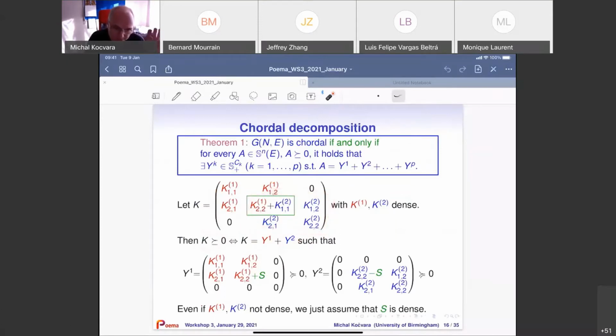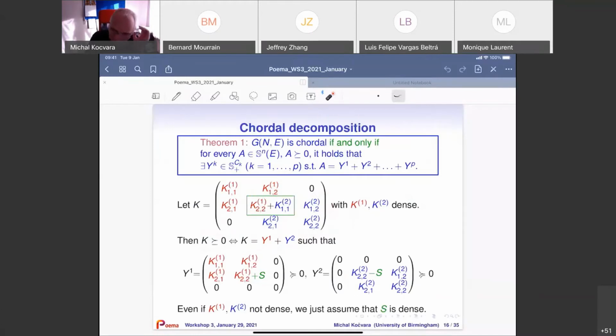Now, of course, these Y1 and Y2 are unknown. And the other fact is that these red matrices are not positive semidefinite. So in this case, K is K1 plus K2, but K1 and K2 are not positive semidefinite.